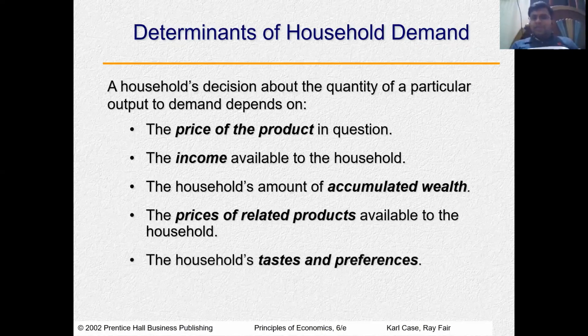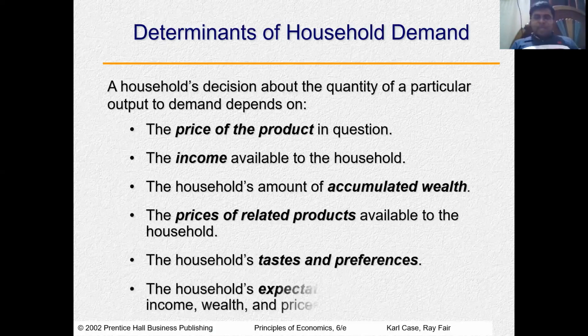Number five is taste and preferences of the household or individual. Number six is expectations of households or individuals about future income, prices, and wealth. Any change in one or all of these factors would also bring change in household demand.